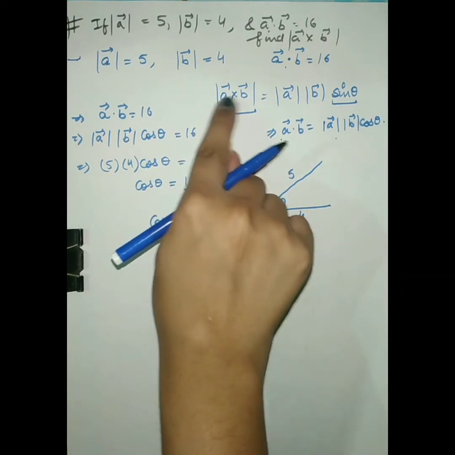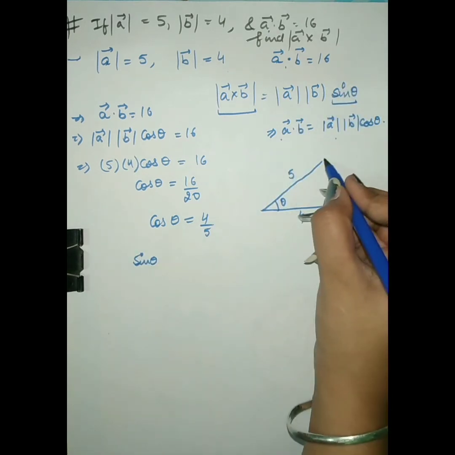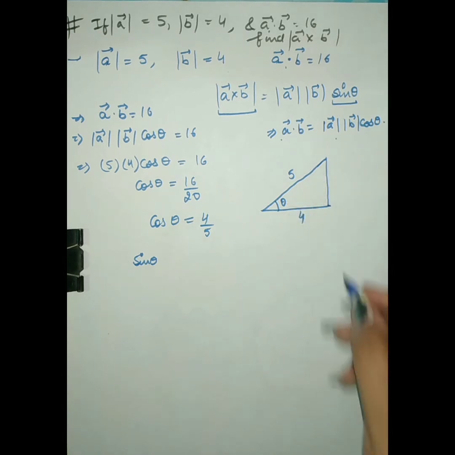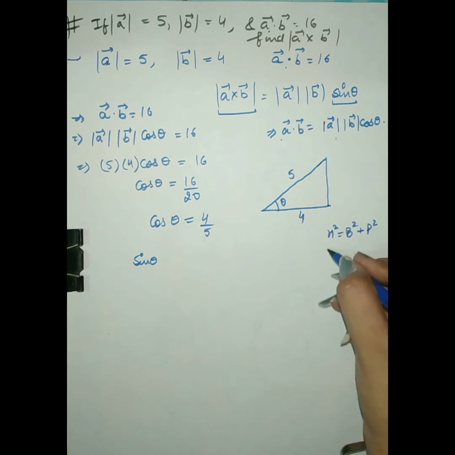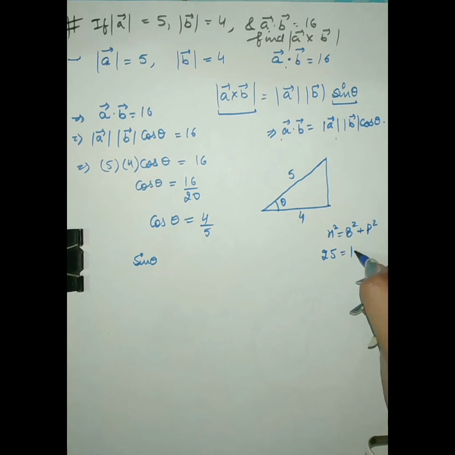But for finding this we need sin theta. For finding sin theta we make a right angle triangle like this. Then we apply the formula hypotenuse square equals base square plus perpendicular square. We put these values here, where the hypotenuse is 5, that means 5 square, this will become 25, which equals base 4 square, which is 16, plus perpendicular square.